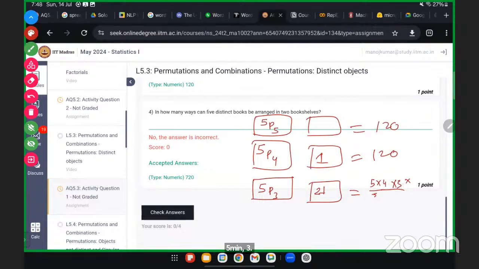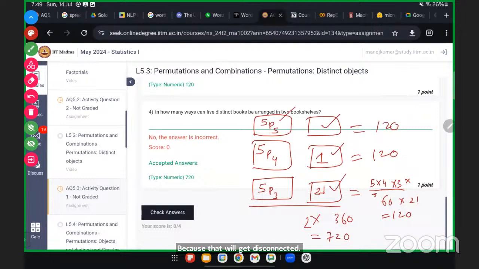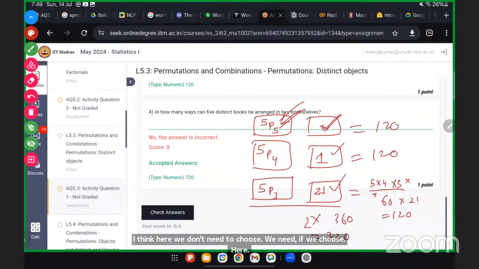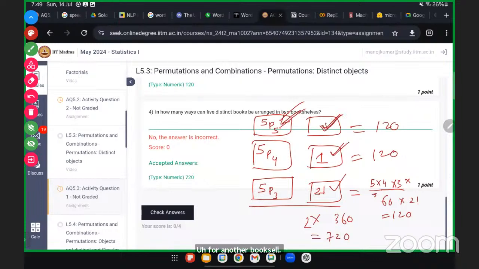This is 360, into 2 factorial is 120. This comes out to be 360, and this is double of that. So here we don't need to choose. If we choose here, we don't need to choose again for another bookshelf. Just arranging them will suffice, whatever books are left. The left books we will just arrange.